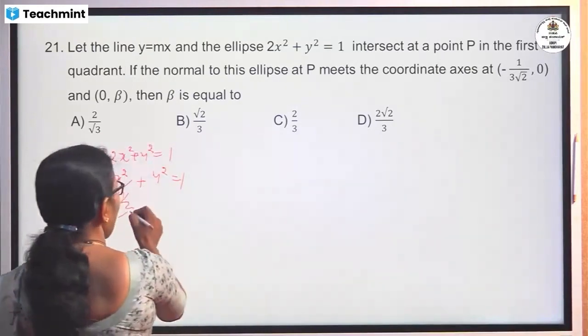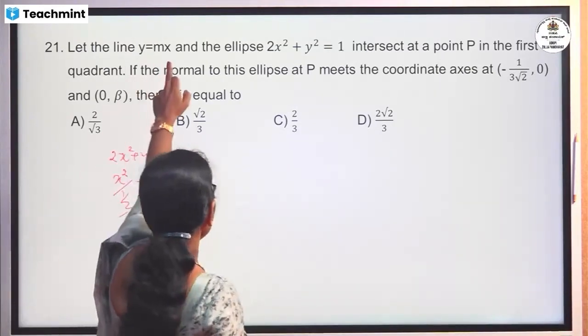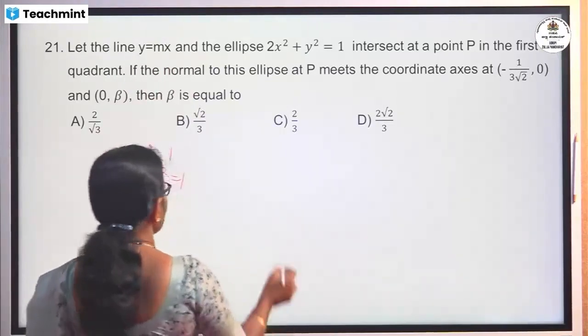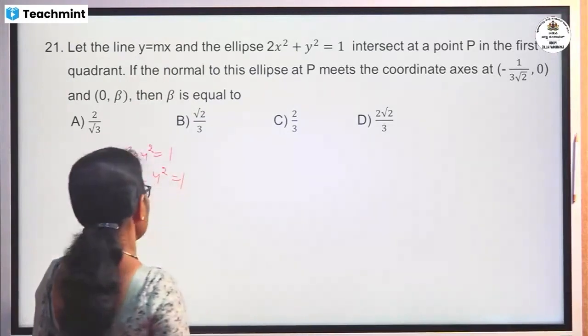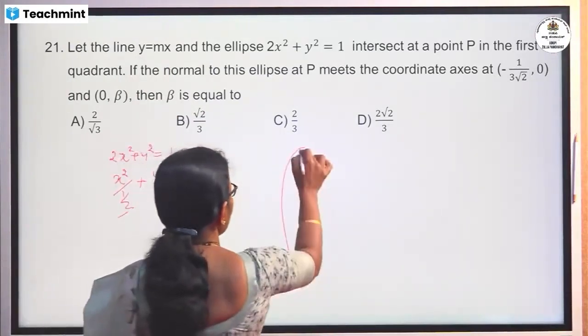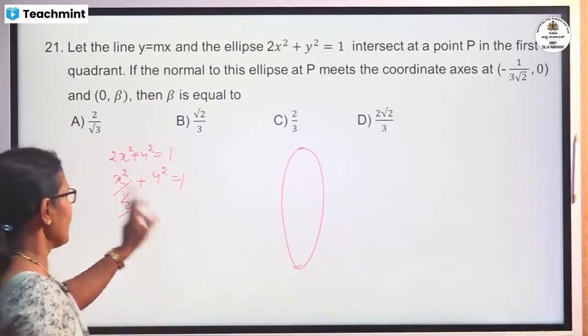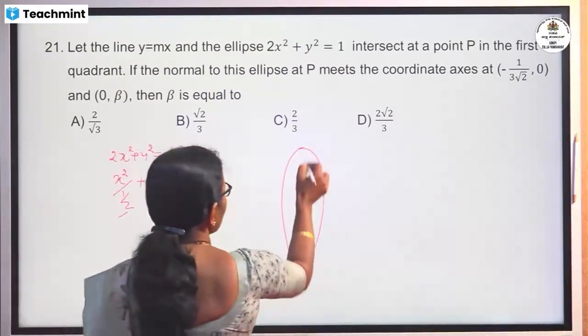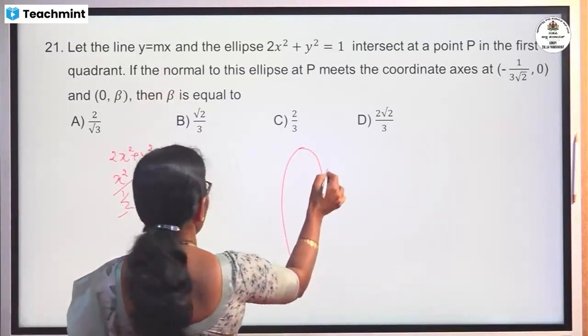Line y is equal to mx. Here a square is less than b square, so the ellipse is like this.